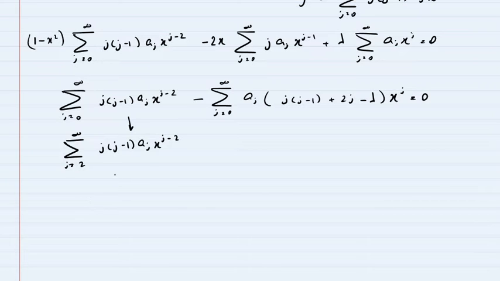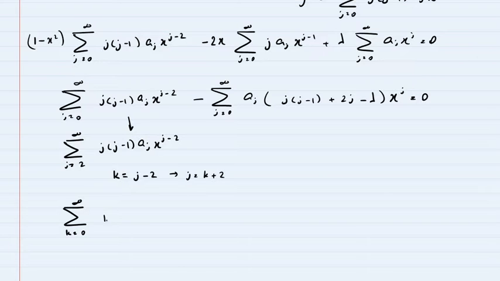And now let's use another variable k, which is defined as k equals j minus 2. When j is equal to 2, k is equal to 0, and when j is equal to infinity, k also goes to infinity, which means this summation can be written as k goes from 0 to infinity, and now j is equal to k plus 2.